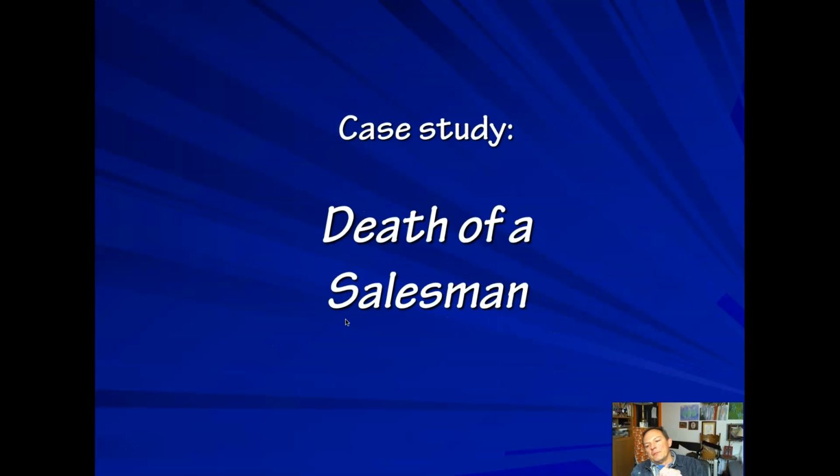Let's take an example here with Death of a Salesman. Death of a Salesman is a multi-act play by Arthur Miller in the 50s. It's a story about a man and his family.